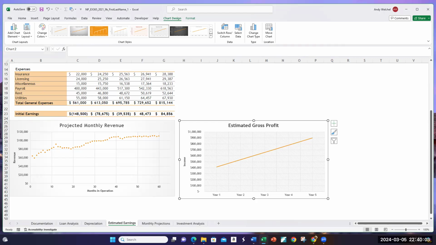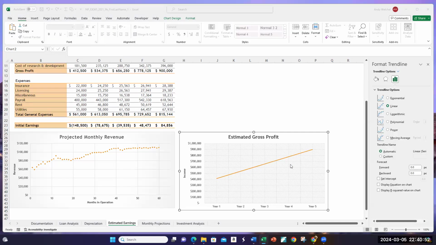Format the trend line to forecast one period forward. And what we do here is we've added it, but I don't see any difference here. What I did is I right-clicked on the line itself to get this menu, format trend line, and you get this popping up forward, and just put one there and click away.